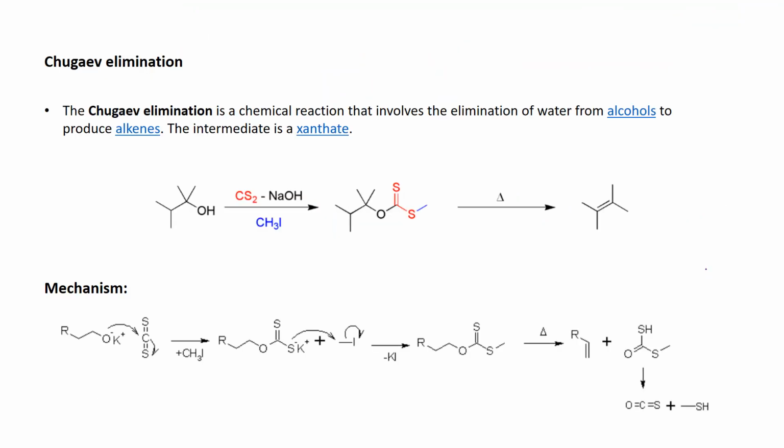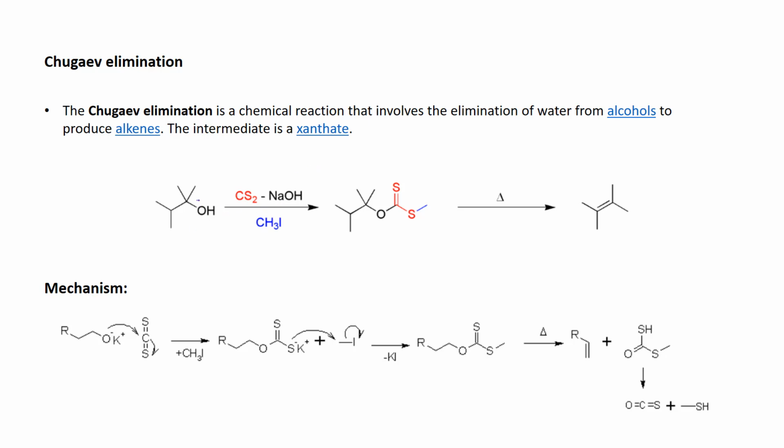Okay, let's go to the next type of syn elimination, that is Chugaev elimination. The Chugaev elimination is a chemical reaction that involves the elimination of water from alcohols to produce an alkene. The intermediate is a xanthate. So if you have an alcohol and you add carbon disulfide and NaOH, what will happen?